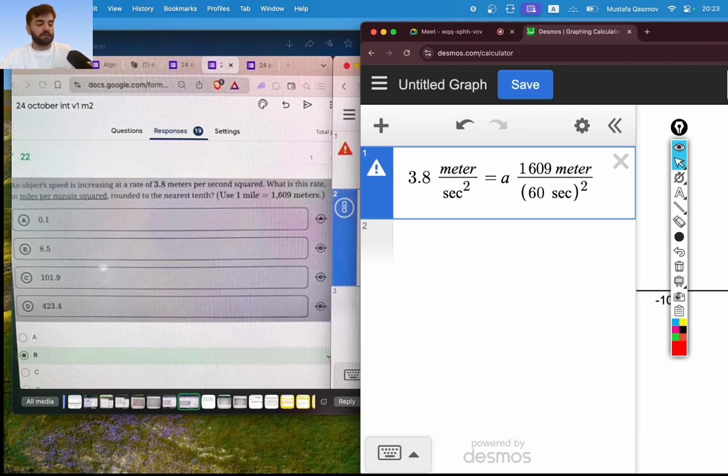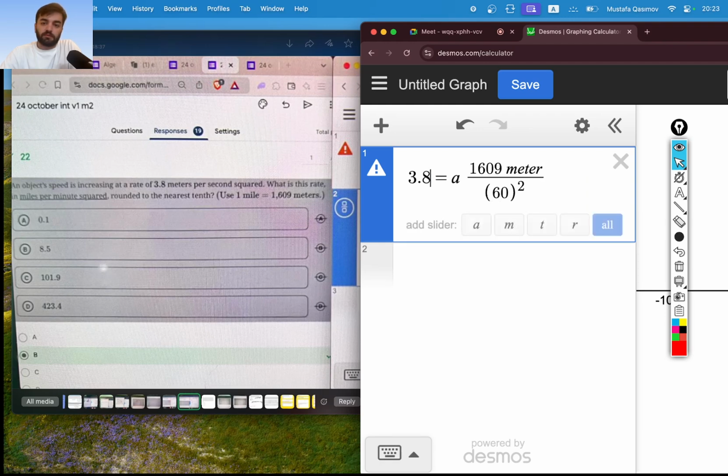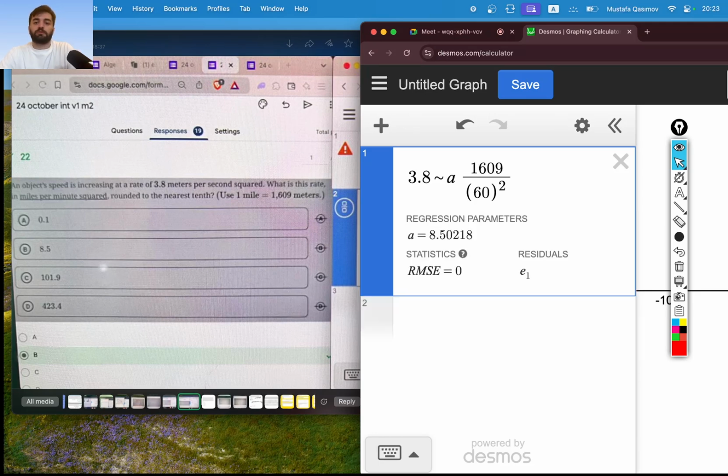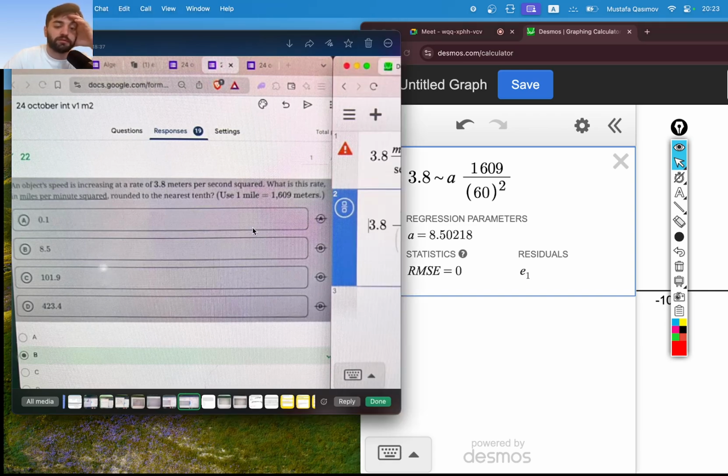Then you can eliminate second and meter, so it will be like that. Then you have to find a from here, so it will be 8.5. Can we continue?